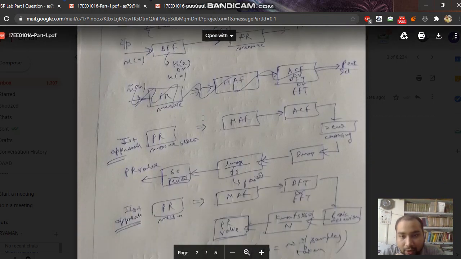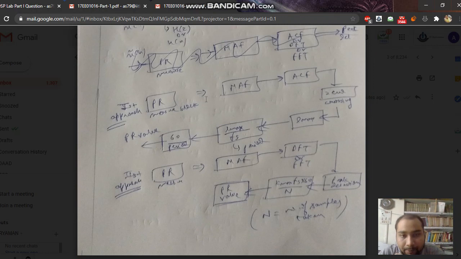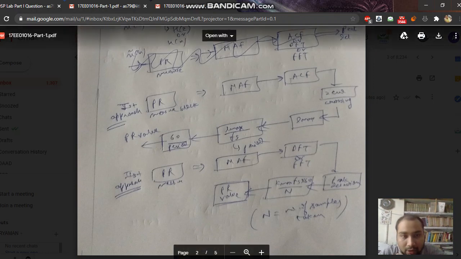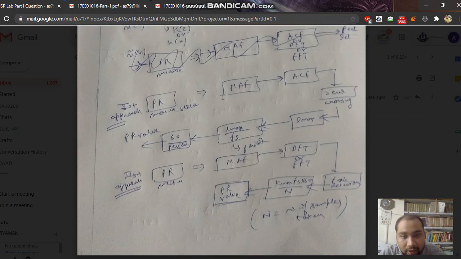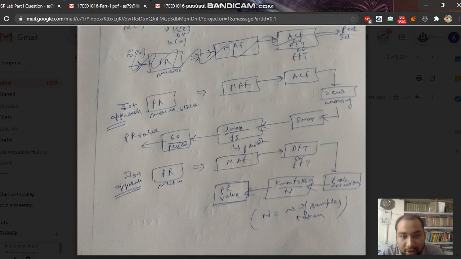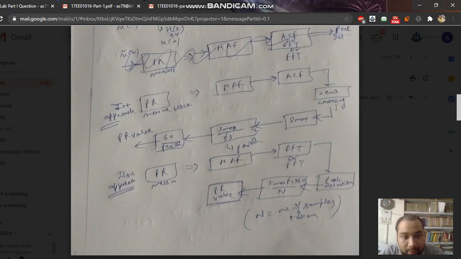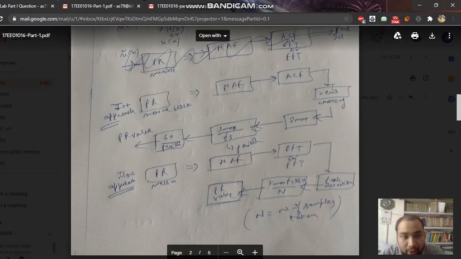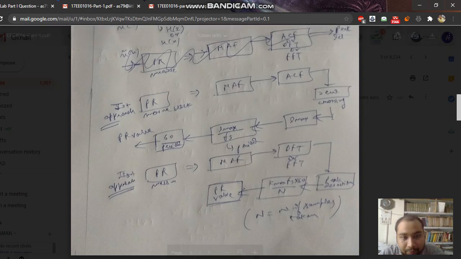So basically, two methods have been proposed here. First is the autocorrelation function, and then the DFT or FFT. In the autocorrelation method, first we will find the autocorrelation function after doing a moving average, as we want the other noises to be attenuated. After getting the autocorrelation function, we will find its first zero crossing point, and we will get Lmax, the second peak index.